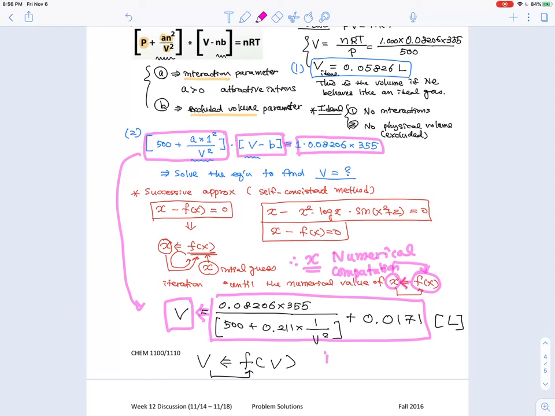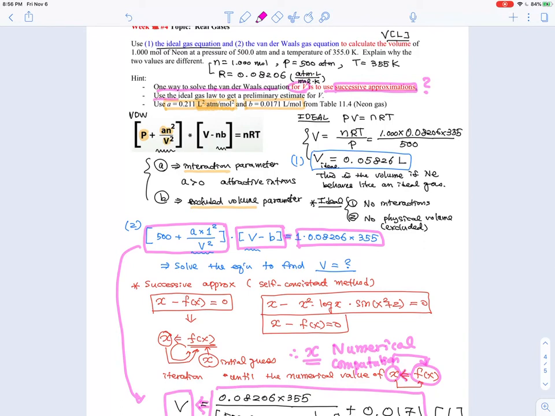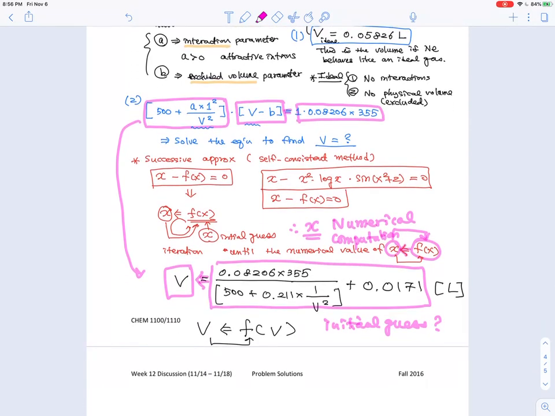And what's my initial guess? The best guess is, as it says, use an ideal gas law to get the preliminary estimate for the volume. So my first volume V naught is 0.05826. Okay, so I am going to plug that in and compute this value.